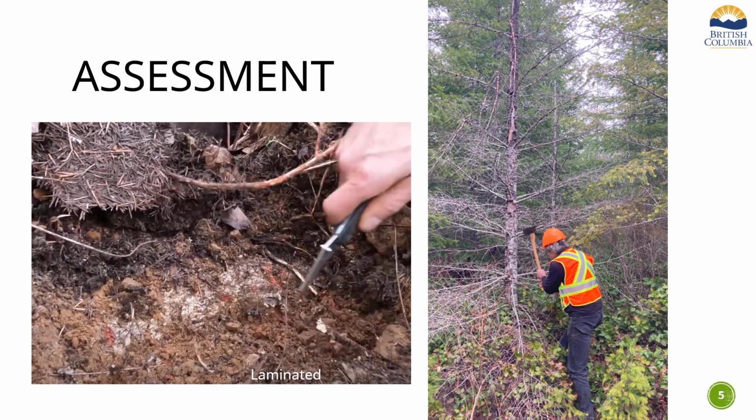Now, if you're confident that your stand isn't dealing with any other forest health factors that would lead to the same symptoms, you still need to look for signs on all your symptomatic trees because there could be multiple root disease types on your site. That's actually a fairly common occurrence. You can even have more than one root disease present on a single tree.